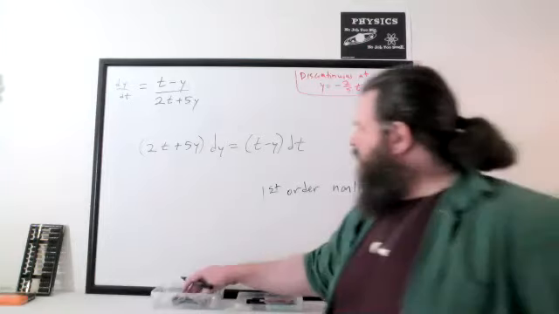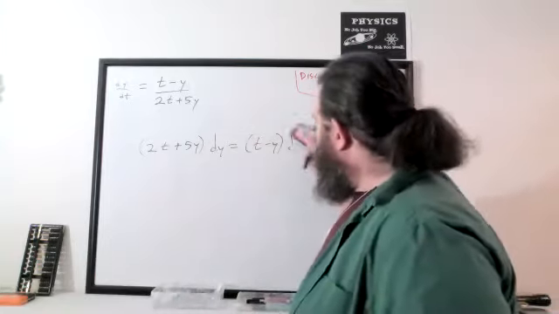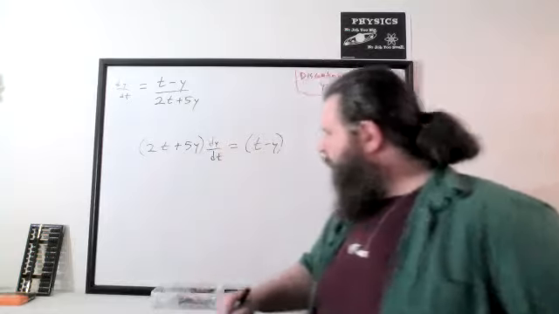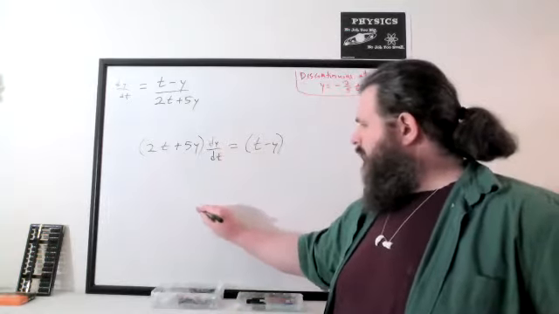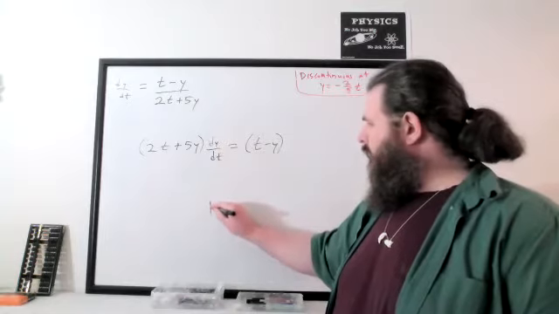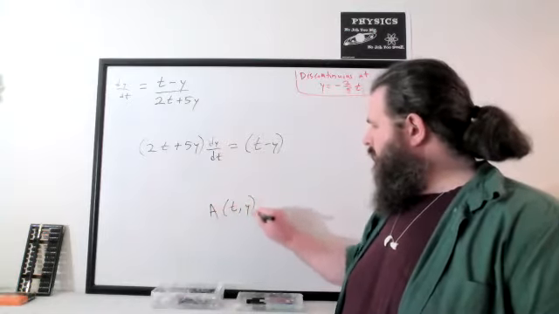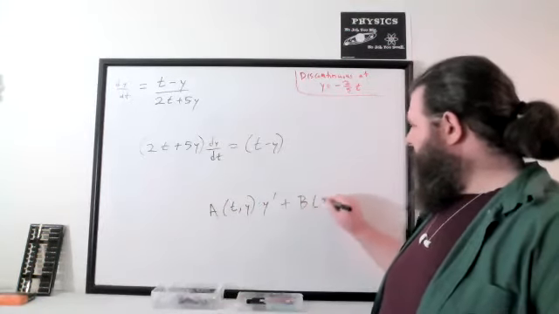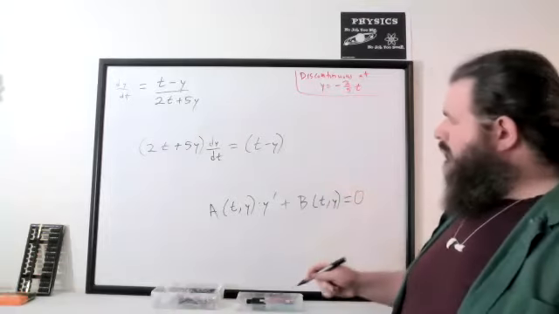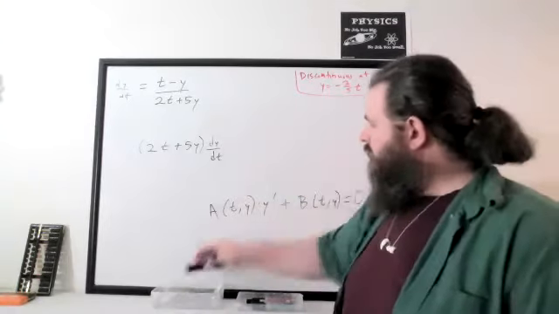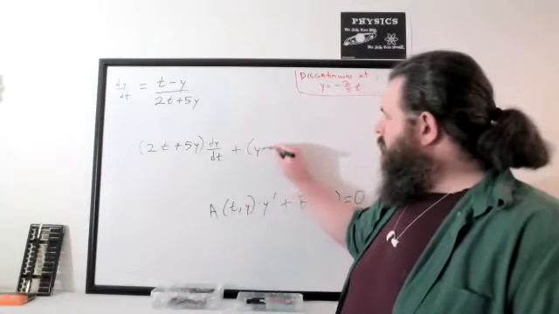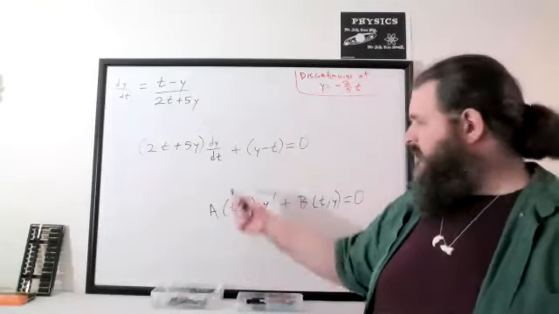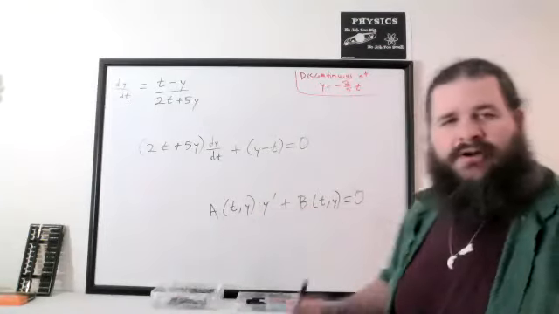Exact equations are, if you write this as, let's put this back as dy dt, an equation of the form some function of t and y times y prime plus some other function of t and y equals 0, which we could certainly write if we just subtract t and add y. So we can always write any first order equation in that format. Something times y prime plus something equals 0.